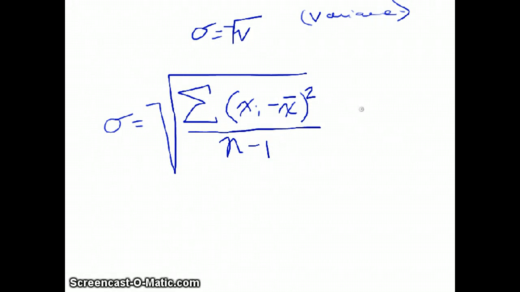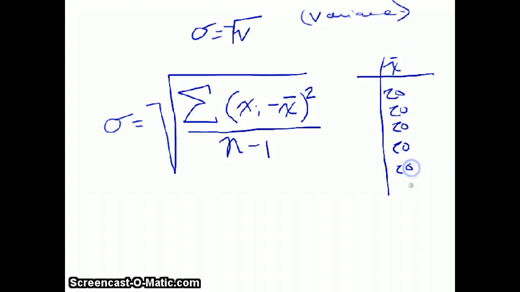Okay, so for our data, let's just run a little table down the side here. We know that the mean was 20. One, 2, 3, 4, 5, 6, and our observations were 15, 25, 20, 25, 15, 20.